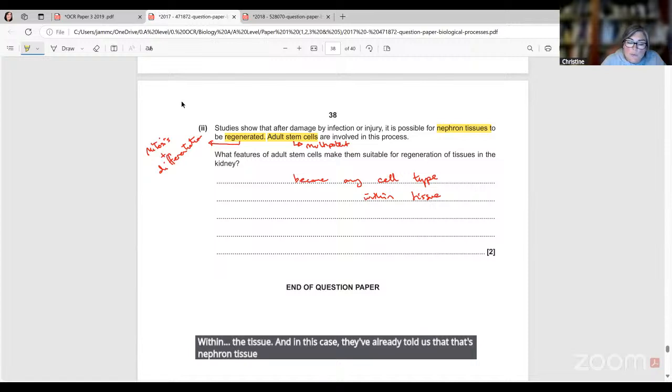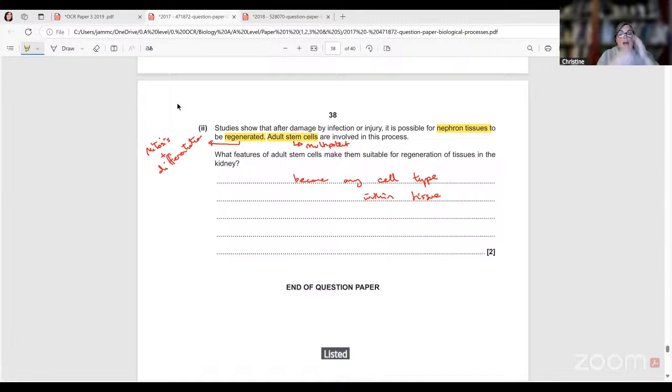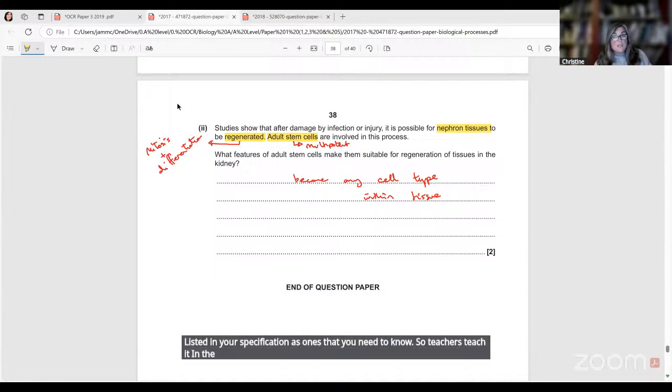That's where most students fall down, because they talk about hemopoietic stem cells, as those have been listed in your specification as ones you need to know. Teachers teach it that way, but if you damage any part of your body, you need to have repair occurring.